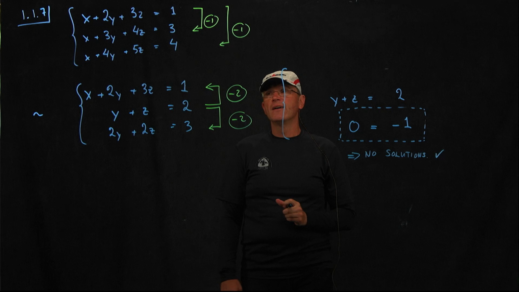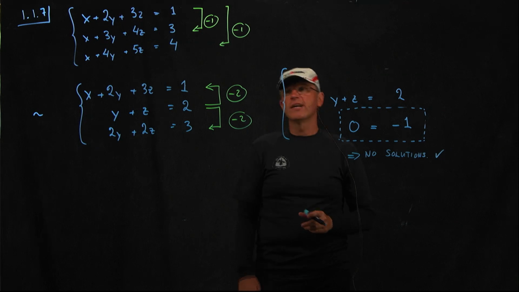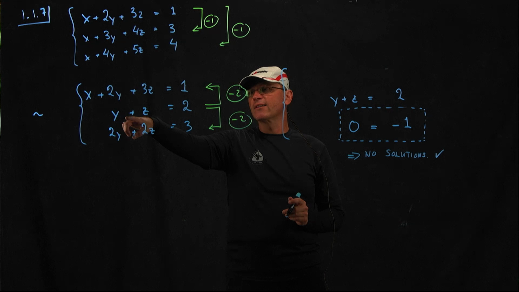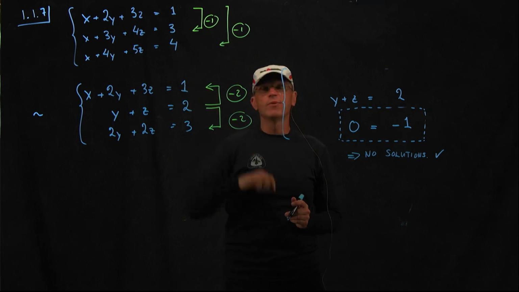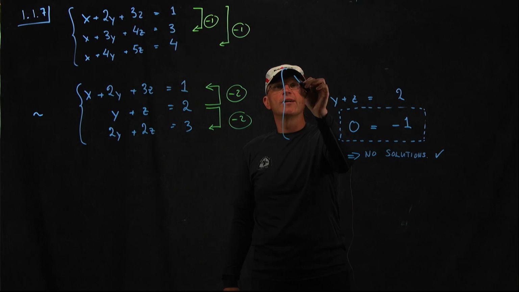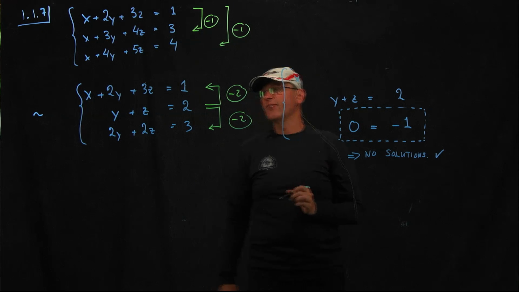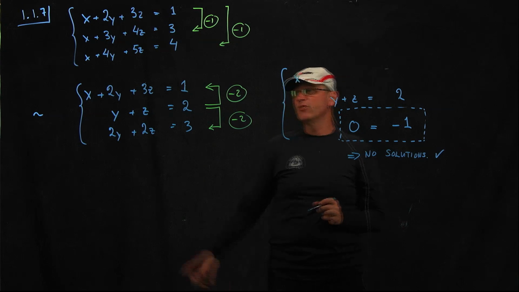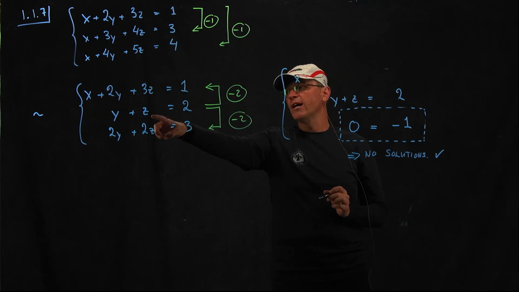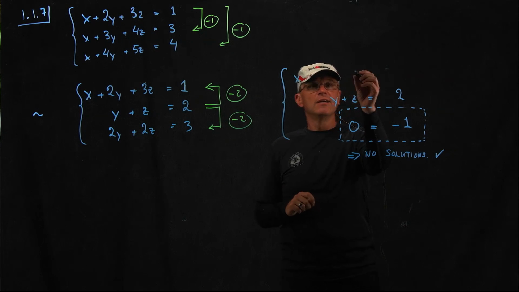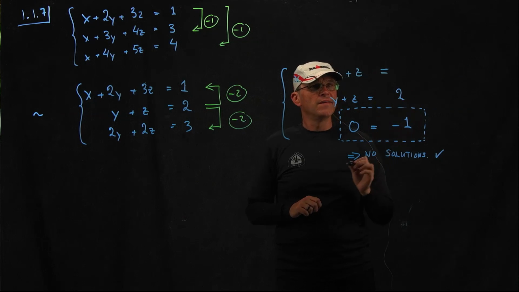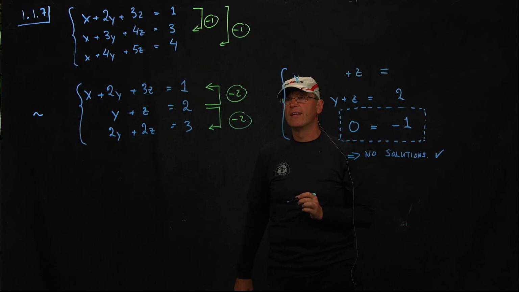Now, in general, we would have continued to subtract 2 times the second from the first. So let's just do that, see if I can get my algebra right. So the x stays, right? Then we're subtracting 2y, so the y's go away. We're subtracting 2 z's, so 1 z does indeed survive.